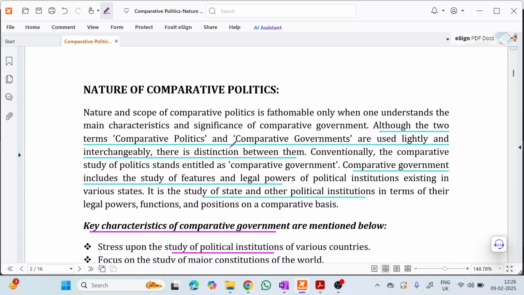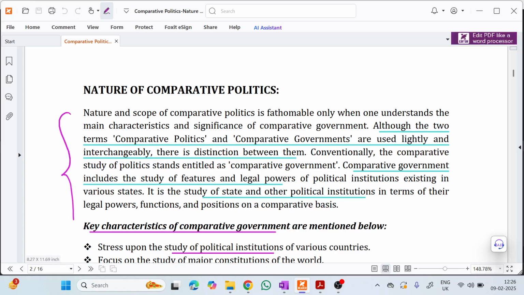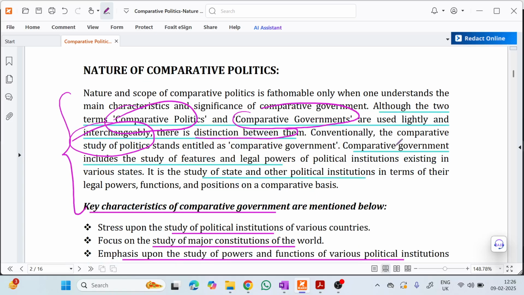Then let's have a look at the nature of comparative politics. In terms of comparison of political systems of different countries, there are two terms, comparative politics and comparative government, that are used interchangeably, but there is a distinction between them.